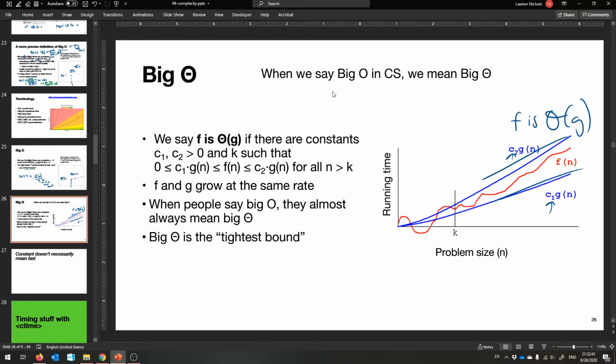We can make g an upper bound and a lower bound, depending on a constant. That is the idea. So we can pick a constant c1 and pick a constant c2 that will be at the lower end a lower bound. So the same function can function as a lower bound and an upper bound.